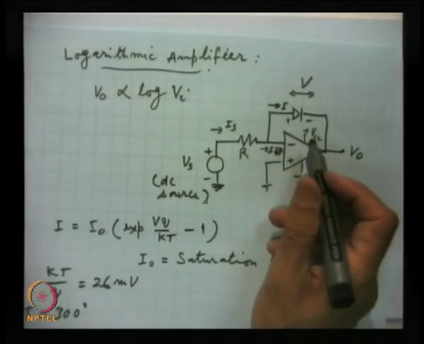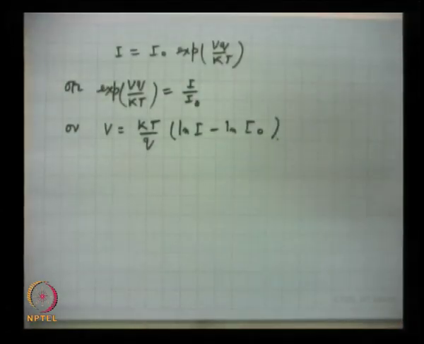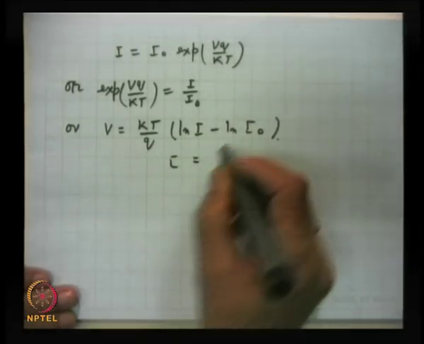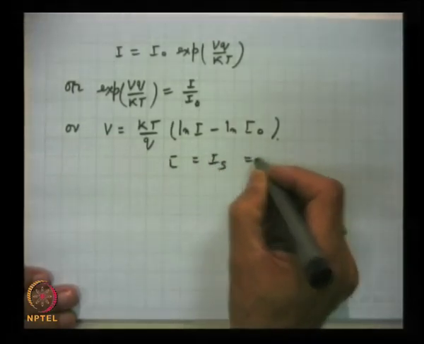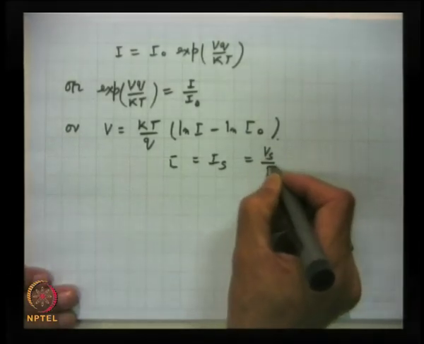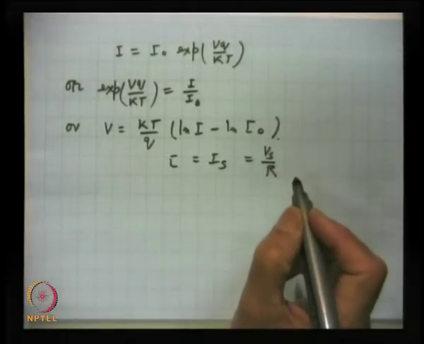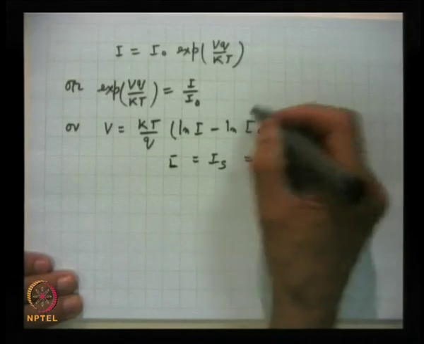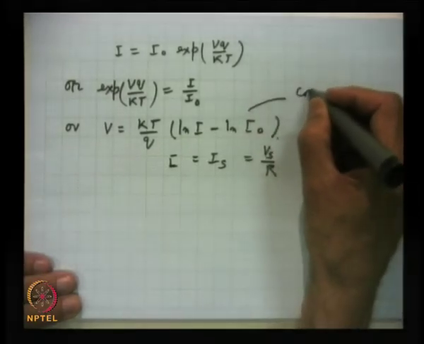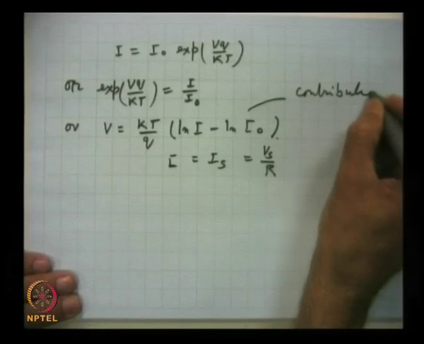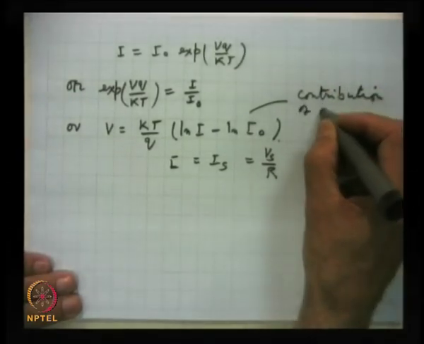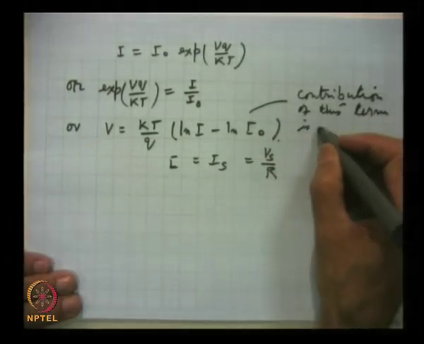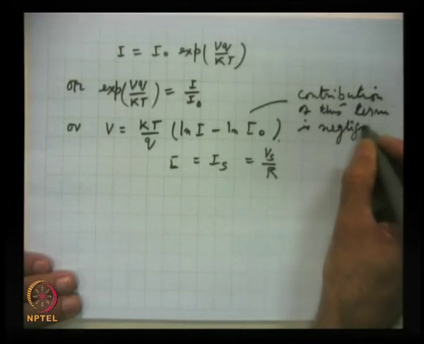The current going into the inverting input is 0. So taking I as Is equal to Vs by R, and further neglecting a small contribution of this term, which is negligibly small.